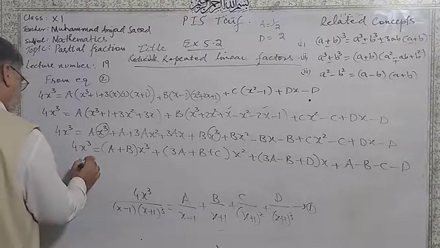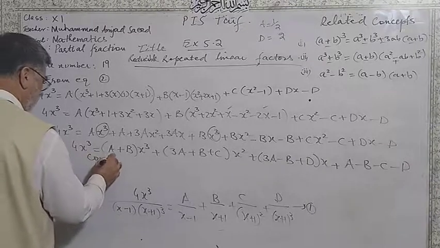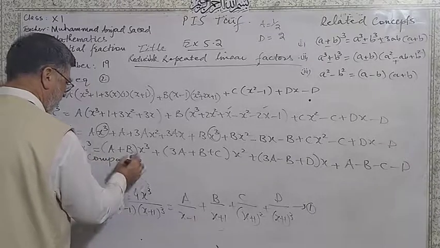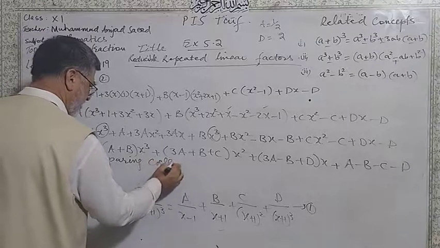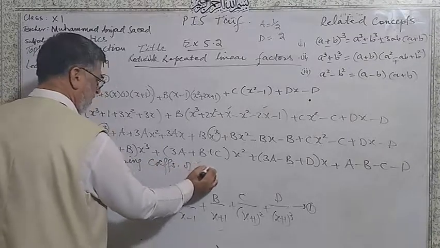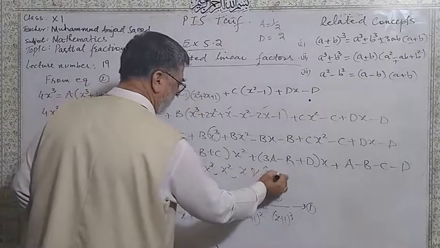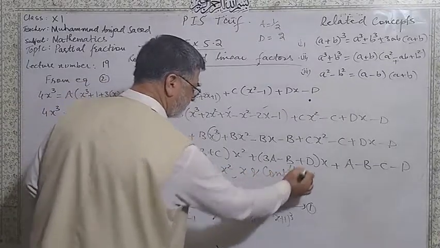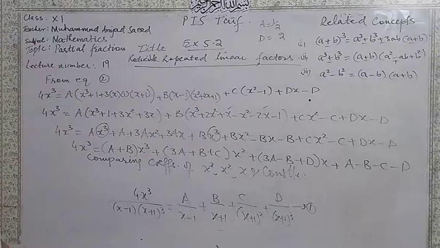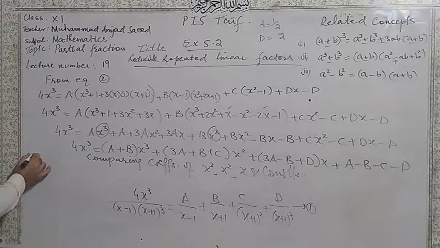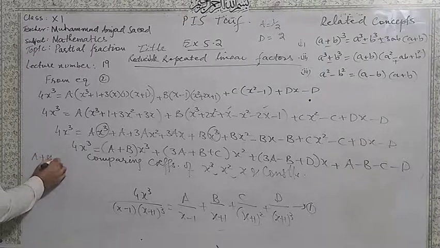Now comparing coefficients of x cube, x square, x and constants, then we will have the equation a plus b is equal to 4.